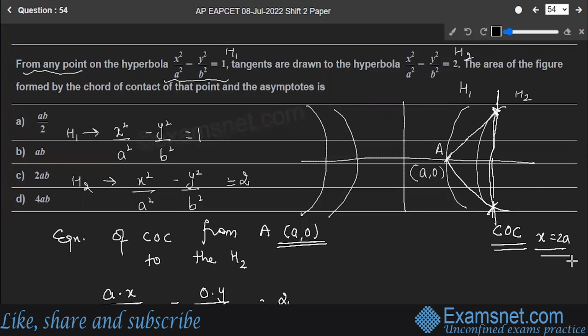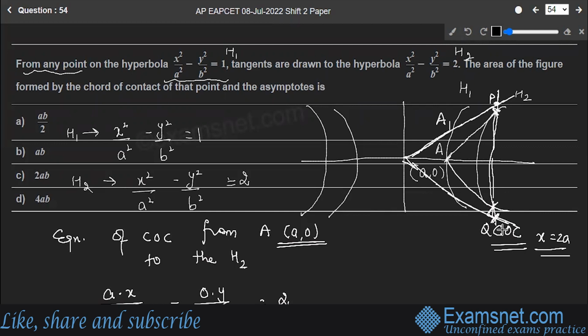Next, it's talking about two asymptotes. What are the two asymptotes? Let's draw the two asymptotes. Now the figure is getting too many things. This is the first asymptote, A1, and the second asymptote is given by this.